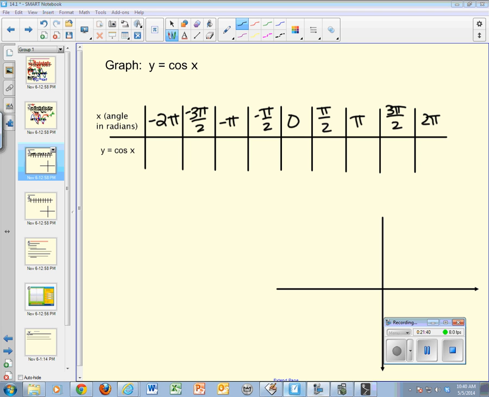And let's do a few of these together. So let's start with 0 again. So point to 0 radians on your unit circle.